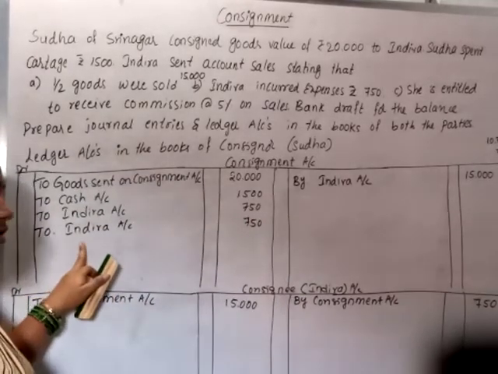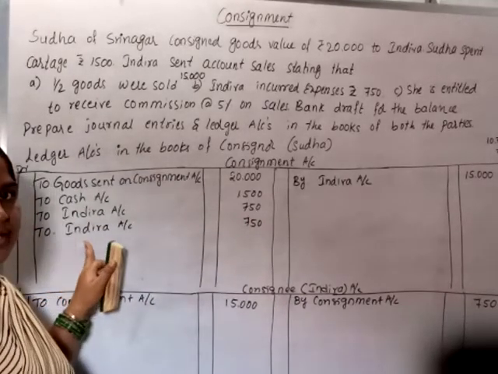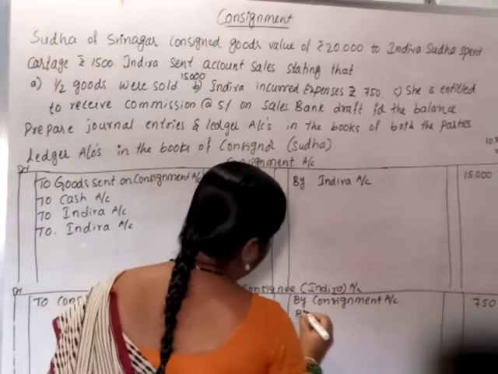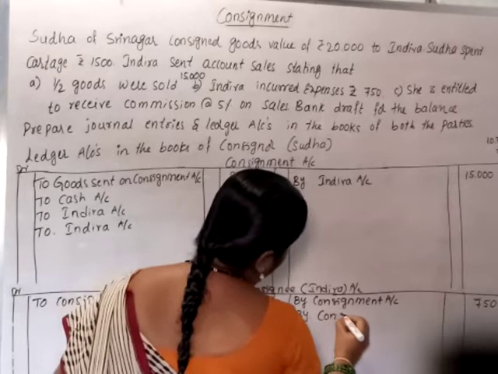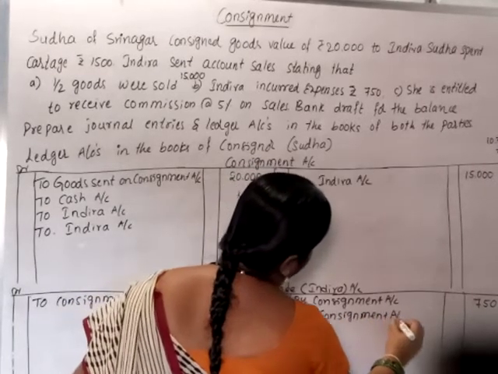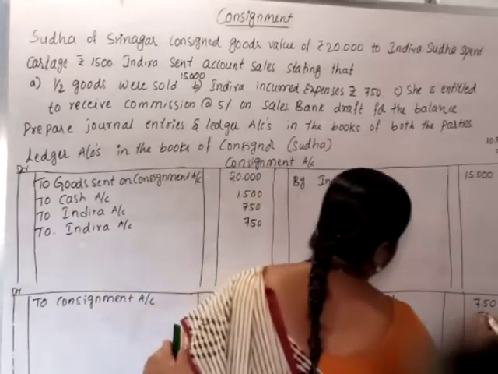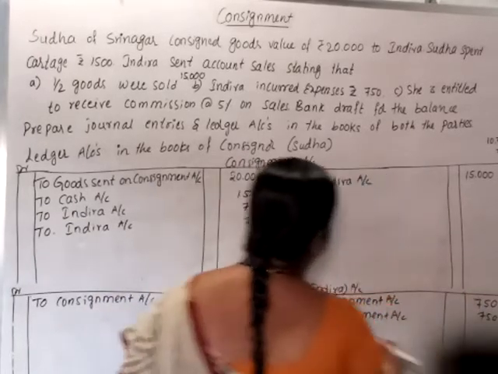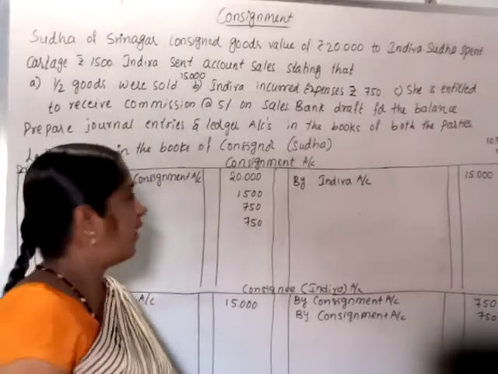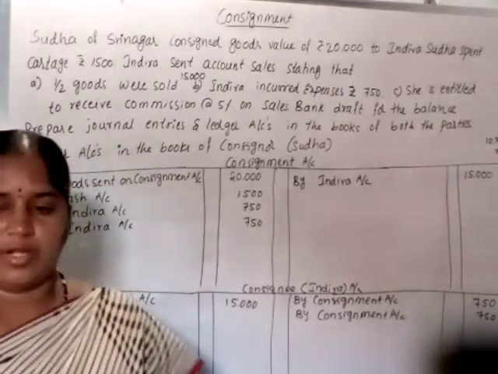Again Indira account also we have. So Indira account we credited in the journal entry. So that's why credit side of the Indira account write as by consignment account. So what is the commission? Once again 750 rupees only. Okay. These only. Now find out the profit or loss.